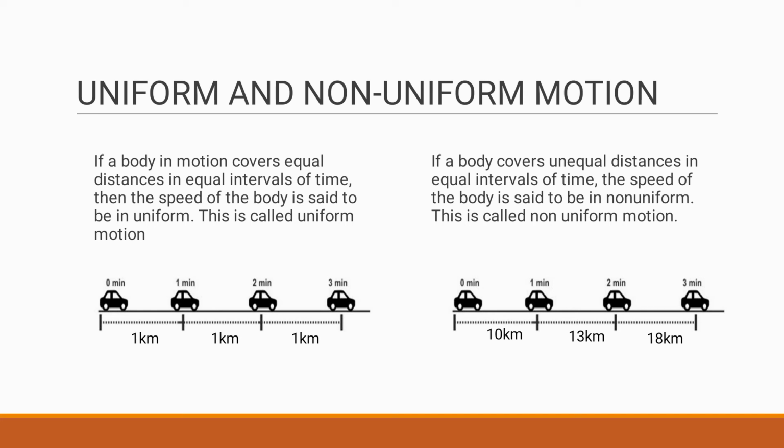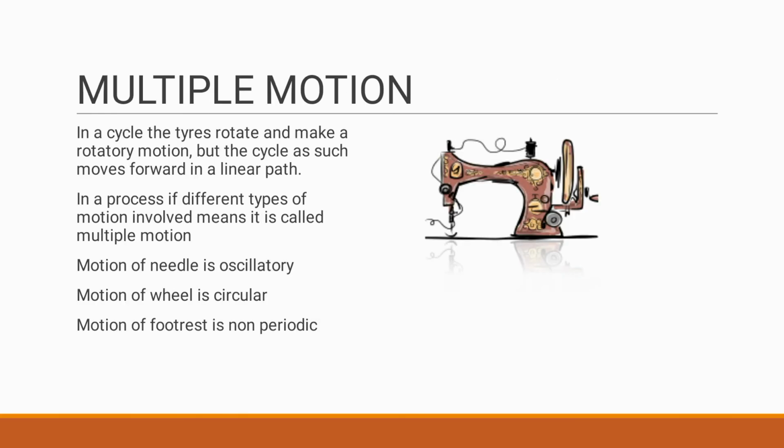In first minute it travels 10 km and in second minute it travels 13 km and in third minute it covers 18 km. So it moves with different speed to cover that distance in each time. So, the speed is non-uniform. This is called non-uniform motion.